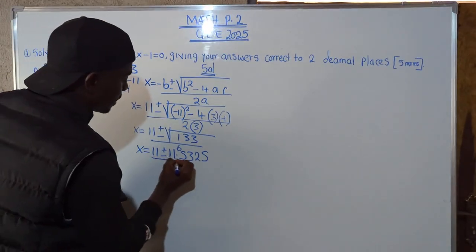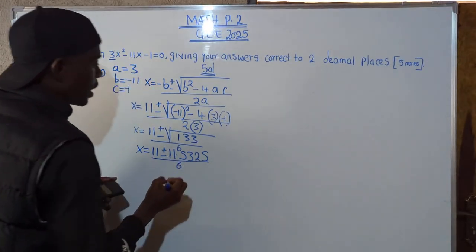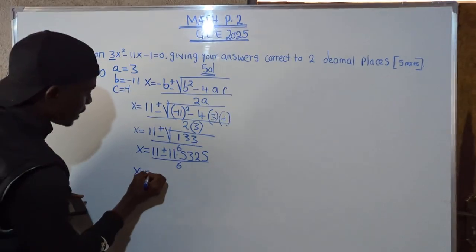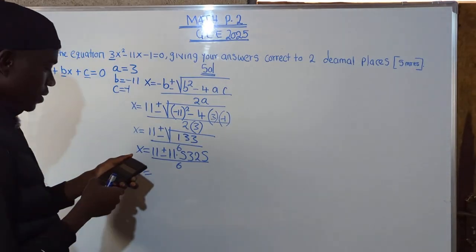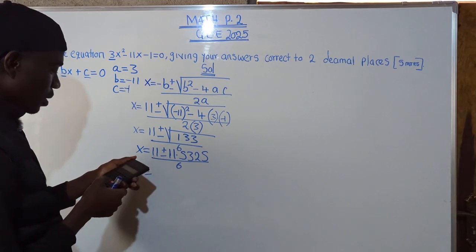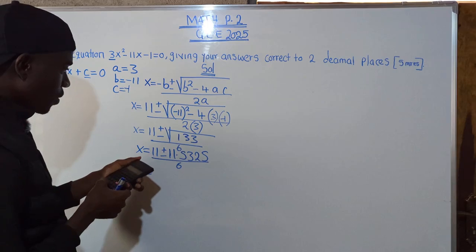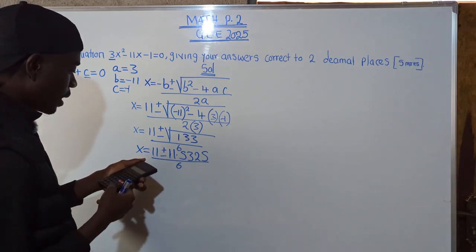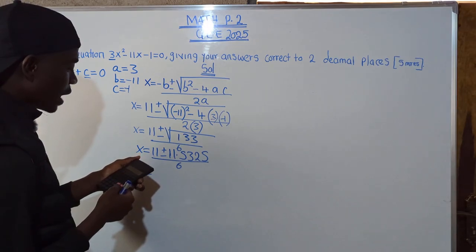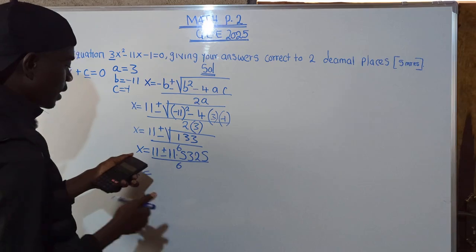Okay, all over by 6. From there, you can now find your values. So the first value is going to be, you can say 11 plus 11.5325. Then you're going to get 22.5325, then divide by 6.